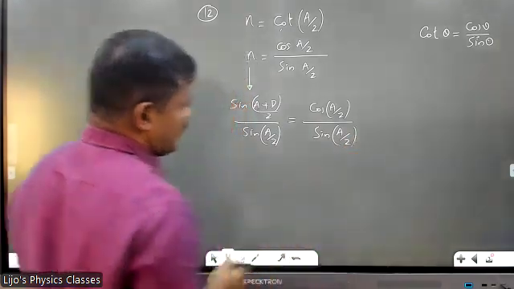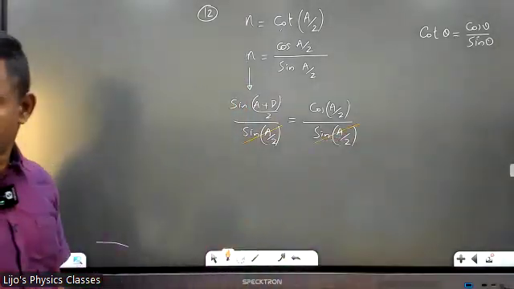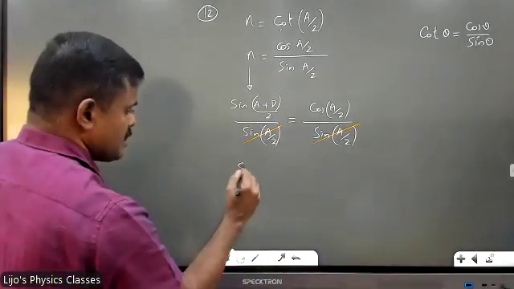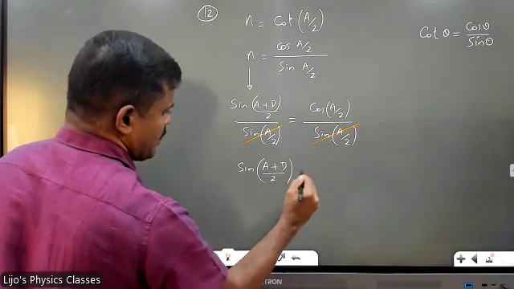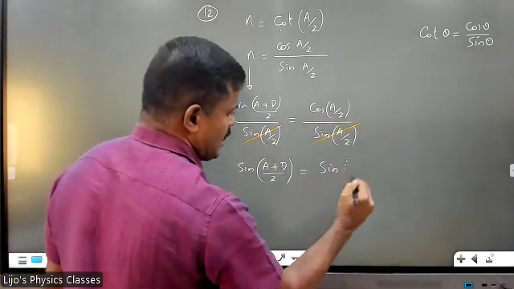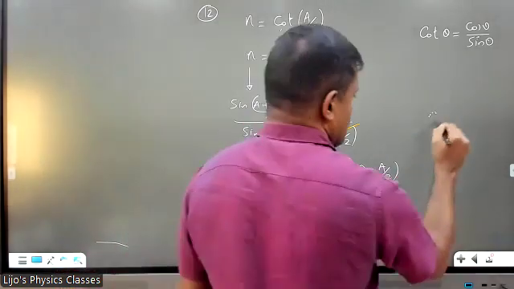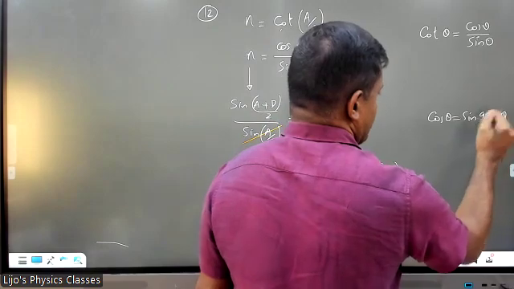Now this sin A by 2 gets cut with sin A by 2. So sin of (A plus D) by 2 is equal to cos A by 2, which may be written as sin of (90 minus A by 2), because cos theta is equal to sin (90 minus theta).